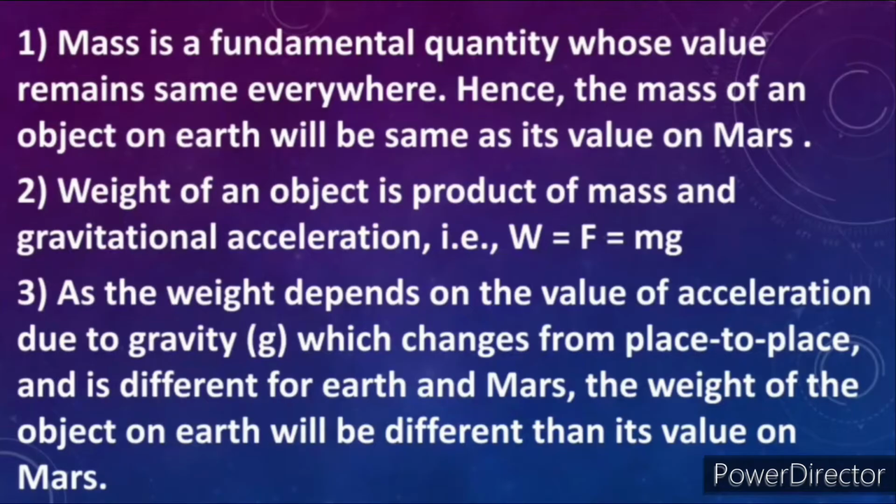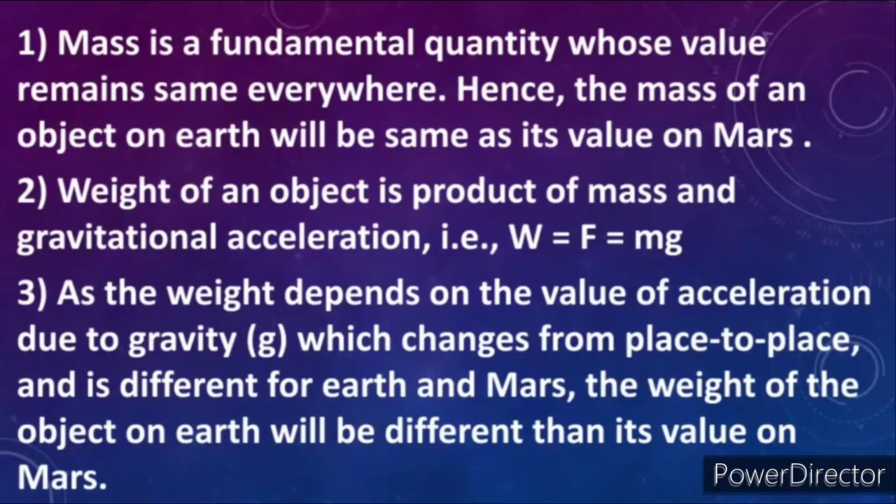Second part of answer. 1. Mass is a fundamental quantity whose value remains the same anywhere. Hence, the mass of an object on Earth will be the same as its value on Mars. 2. Weight of an object is the product of mass and gravitational acceleration, that is W = F = mg. 3.